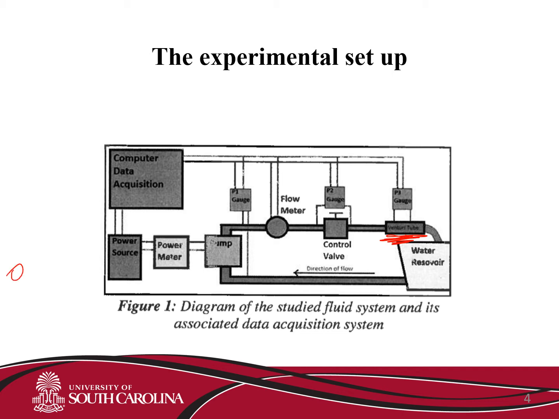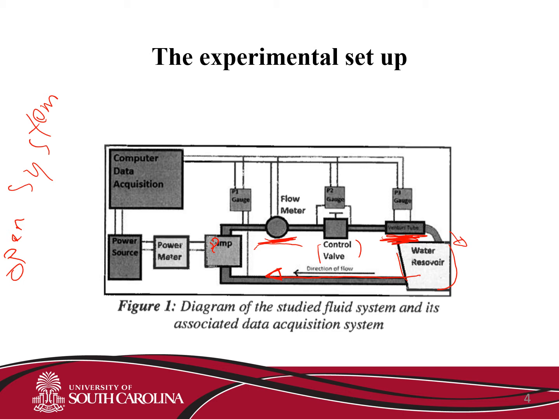A centrifugal pump is used to pump water from the reservoir tank to the test section, which is the Venturi tube. It goes through the paddle wheel flow meter, control valve, Venturi tube, and then out to the reservoir tank.